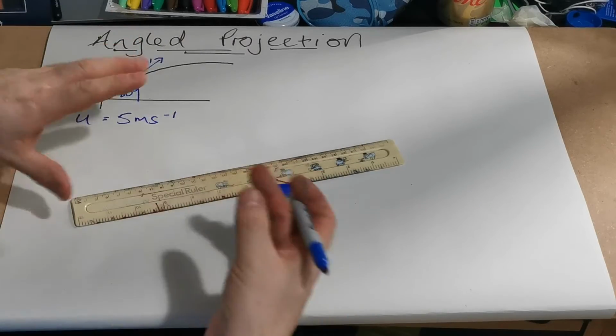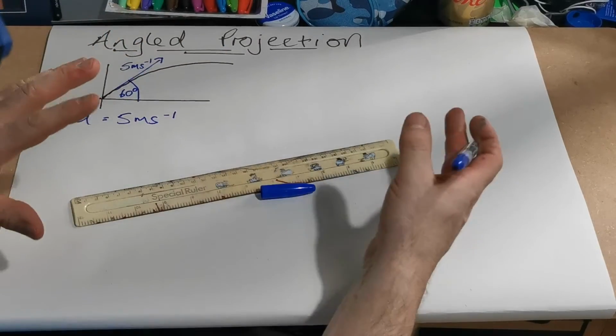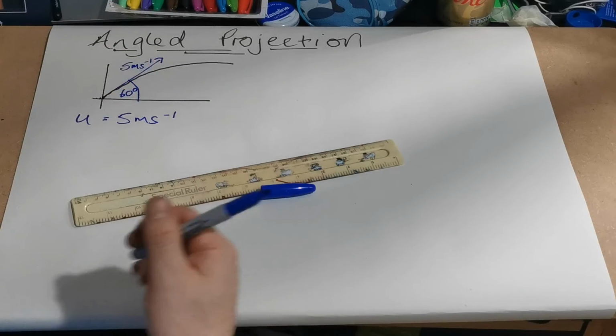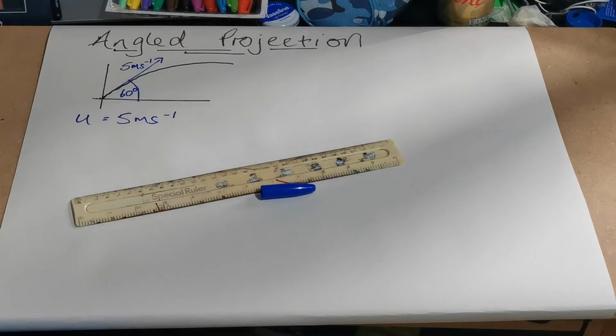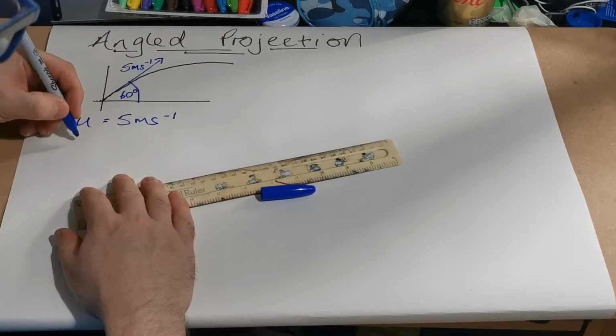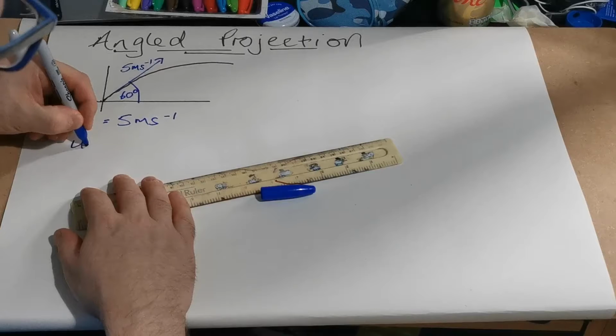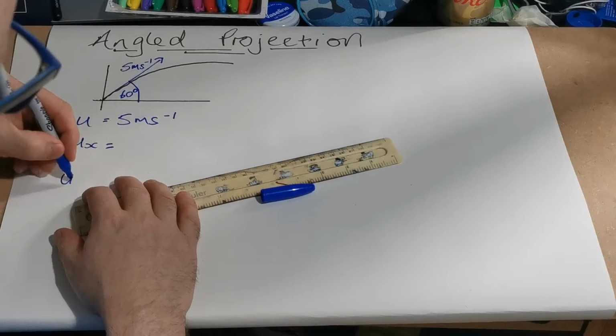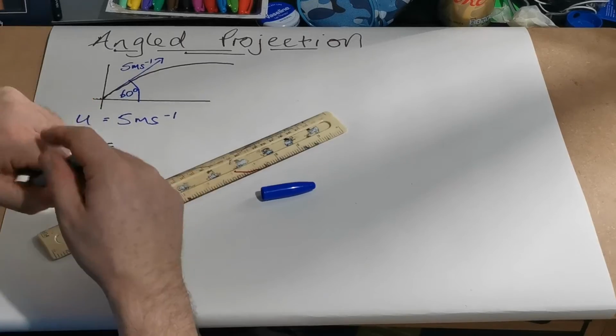It's very useful to split the horizontal and the vertical components of any vector quantity up, because that makes things much more helpful for us. So I'm going to split this up into a horizontal initial velocity and a vertical initial velocity.